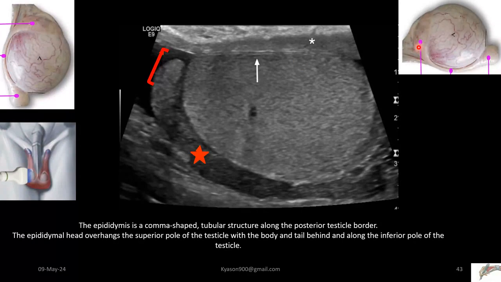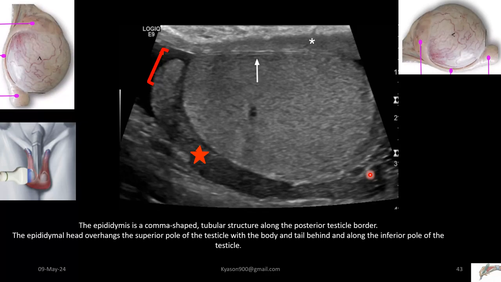Okay, in this view, you can also see this is the testicle, the head, body, and tail. Sonographically, of course, you can appreciate the epididymis very well. It's found at the back or the posterior aspect of the testicle. This is the testicle. This is the epididymis. This is the head. We have the body and the tail down.